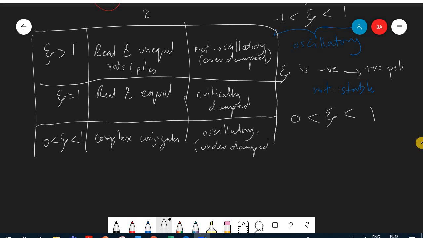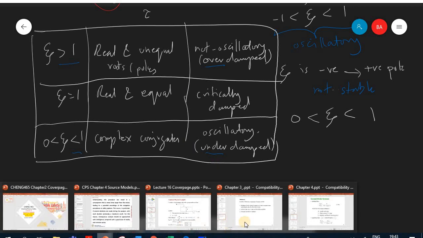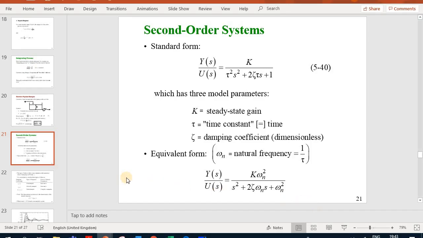So it's underdamped if it's under 1, overdamped when it's over 1, and critically damped when it's at 1, between the not oscillatory and oscillatory systems. And this is our table, how we obtained it. I know we have taken some time for that, but this explains what we have.